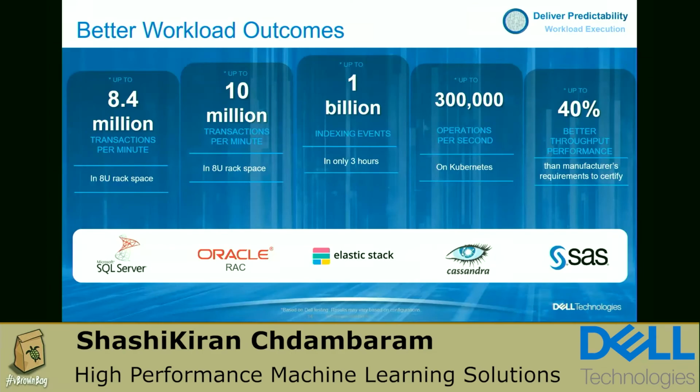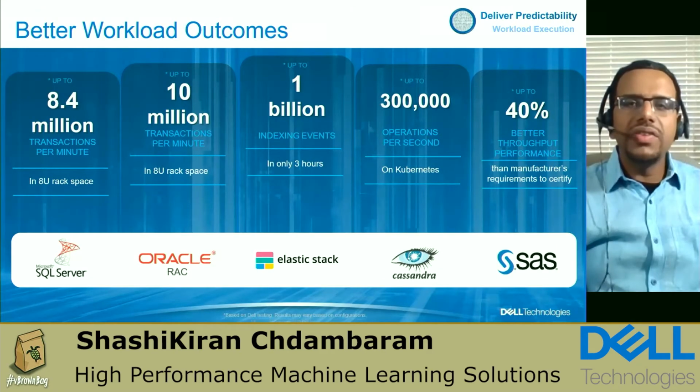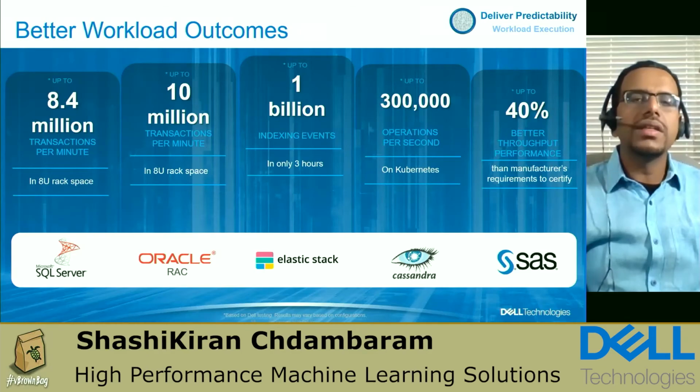So just to conclude here, for Elastic Stack especially, we were able to achieve 1 billion plus events with just a 4-node storage-only configuration with 3 compute nodes, in 3 hours. This is with the Elastic Rally benchmarking tool. And it's not only analytic applications, like Elastic Stack and SAS Grid, which are some examples of analytic applications here.